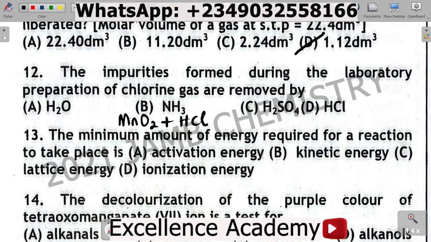Now, concentrated hydrogen tetraoxosulfate 6 acid, H2SO4, is used as a drying agent to remove the moisture. It is used as a dehydrating agent or a drying agent in order to remove the moisture or the water vapor that is considered an impurity. That's the correct answer to this question.